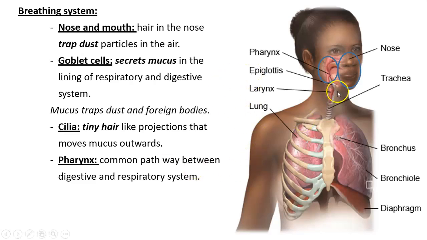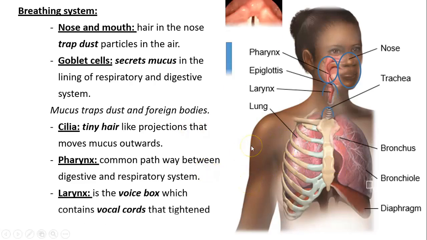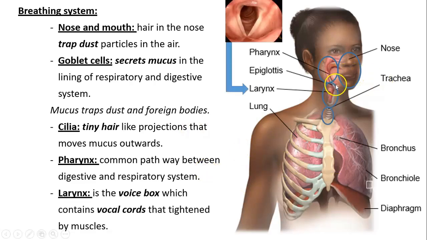Now we have the pharynx, and we studied it before. It is a common pathway between the respiratory and the digestive systems, which means that both air and food pass through it. That's why, if you remember, we had the epiglottis here that closes the larynx. What's the larynx?